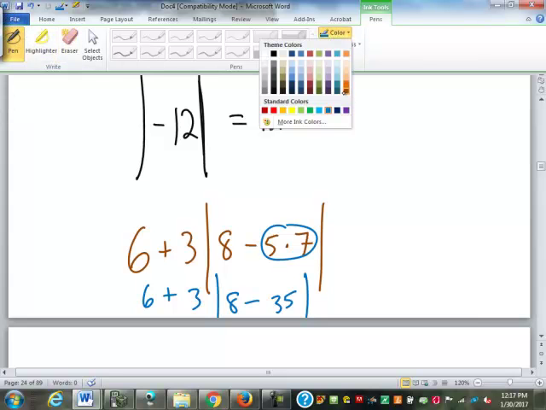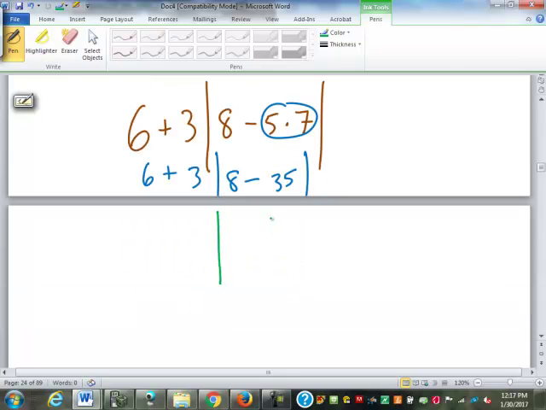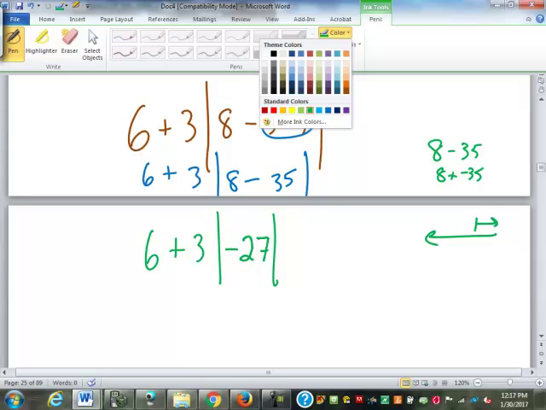Then we have to do 8 minus 35, which can be thought of as 8 plus a negative 35. So positive 8, negative 35, that's going to be negative what? The difference between 8 and 35, there you go, negative 27.